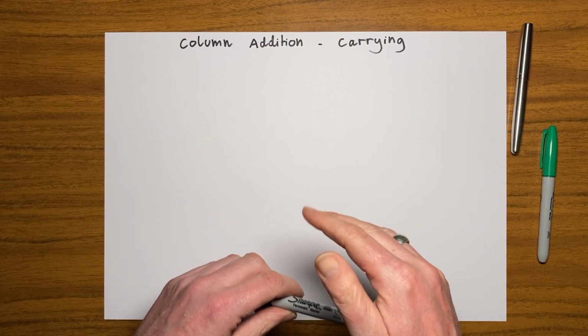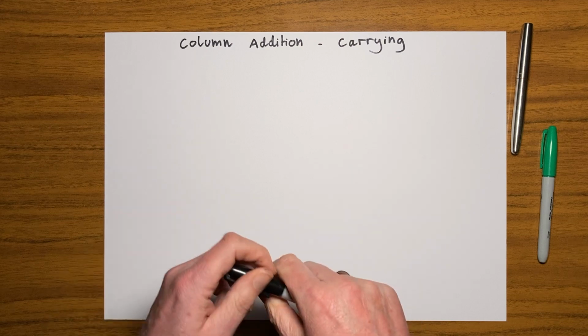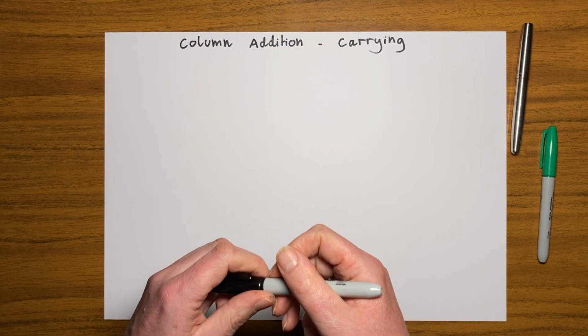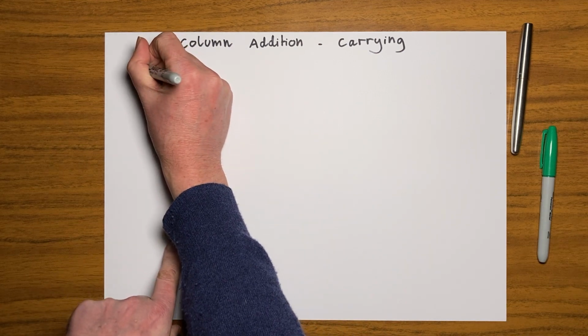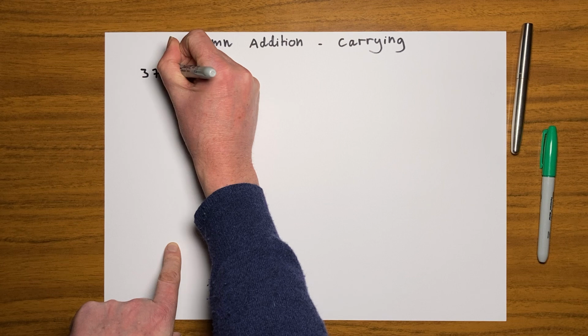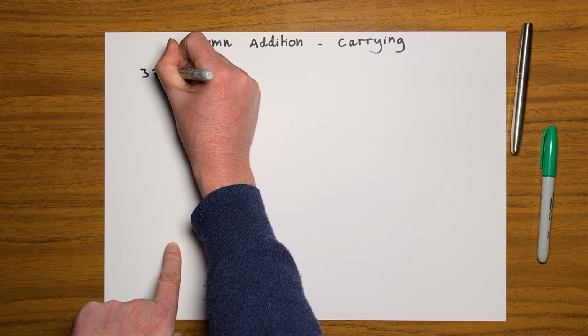In the last video on column addition basics I showed you how to set it out, and we finished off with this question here, which was 37 add 25.